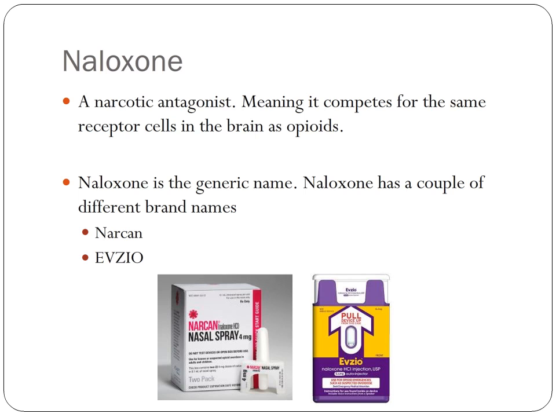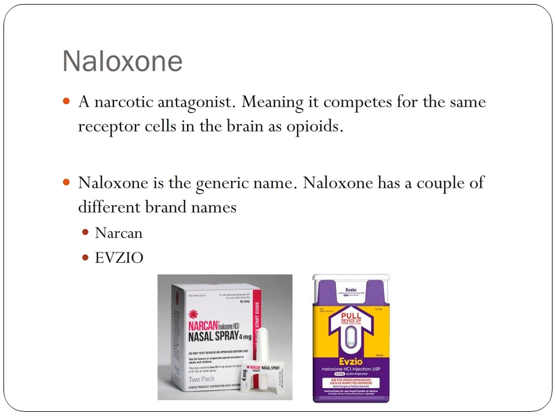Naloxone is a narcotic antagonist, meaning it competes for the same receptor cells in the brain as the opioids. Naloxone is a generic name, and in a few slides we'll talk about the naloxone that you'll likely be using. But naloxone has a couple of different brand names as well. Narcan is one of the brand names, and Narcan makes a nasal spray that's out on the market.